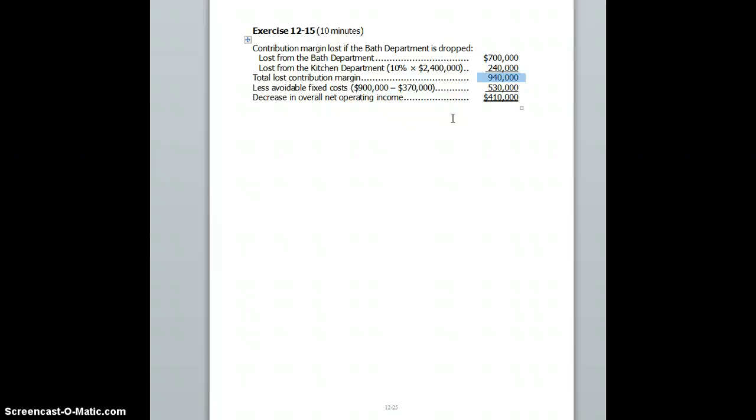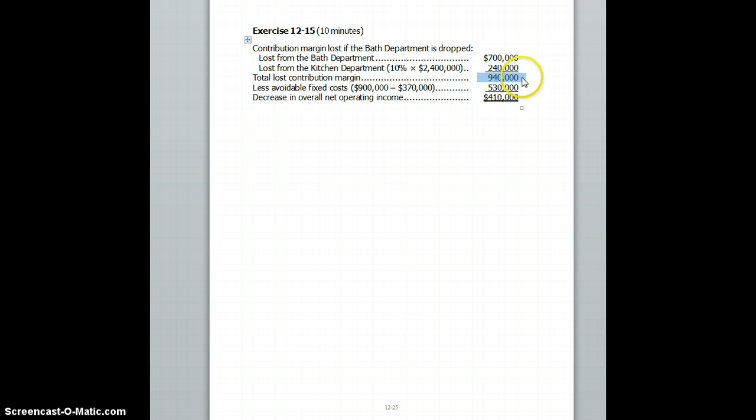Therefore, that $370,000 of cost is in both alternatives, keep the segment and drop the segment. Therefore, that $370,000 is irrelevant. What is relevant is the difference between the $900,000 and the $370,000, or $530,000 of fixed cost. That $530,000 of fixed cost will go away if we get rid of the bath department.